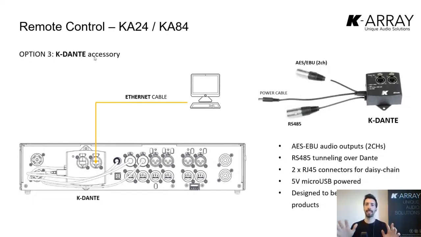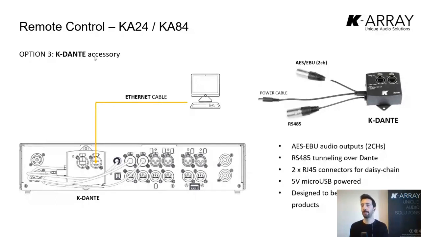What we are doing is something pretty complex, actually. If you connect your computer to the K-Dante accessory, we are able to tunnel the RS485 serial communication inside the Ethernet cable together with the Dante signal that is going on in the same network. When this RS485 serial communication data arrives at the K-Dante accessory, it outputs this data to the RS485 connector.